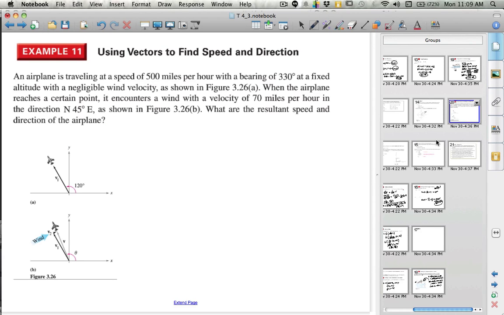So the last problem we're going to do is we're going to be working with this airplane traveling at a speed of 500 miles per hour with a bearing of 330 degrees. Right? And what becomes a little confusing is the difference between the concept of bearing and the way we normally measure angles. So what you have to remember is that bearings are measured from north. This would be north. And it's measured clockwise, which is the opposite way.